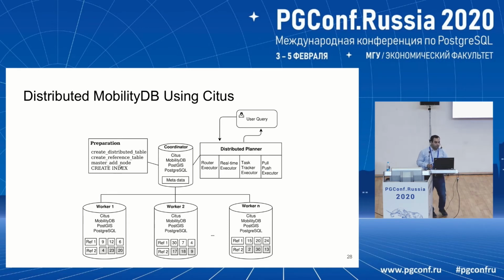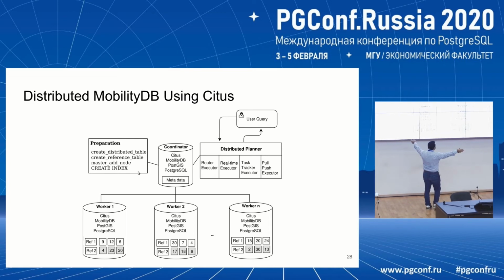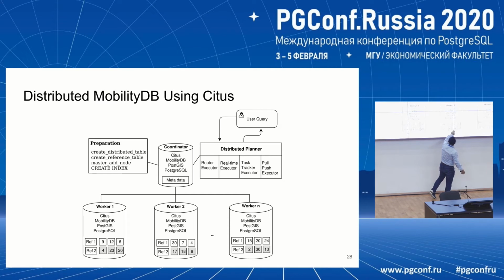A few configuration and cluster building statements create a distributed table, to mark which table should be distributed, which one should be reference, add nodes to this cluster, and so on. Creating a distributed table results in the table being sharded into shards, and every worker node has main shards and replicas of other shards from other nodes.